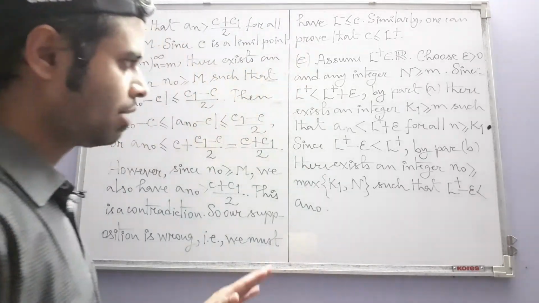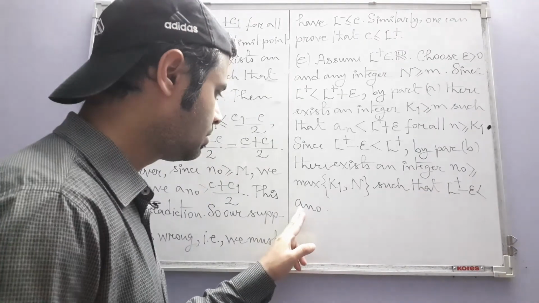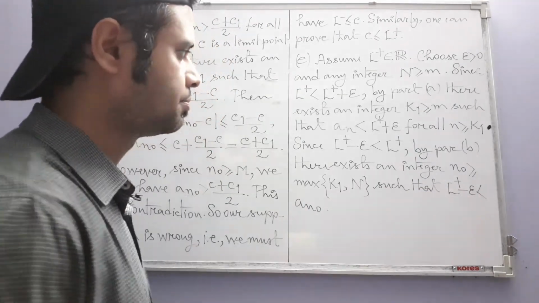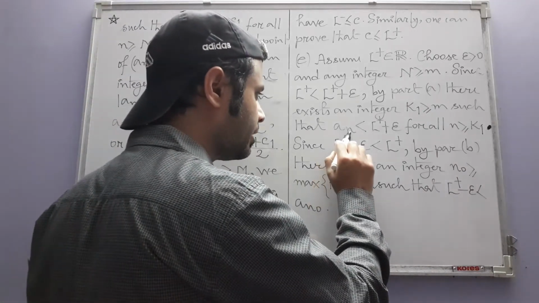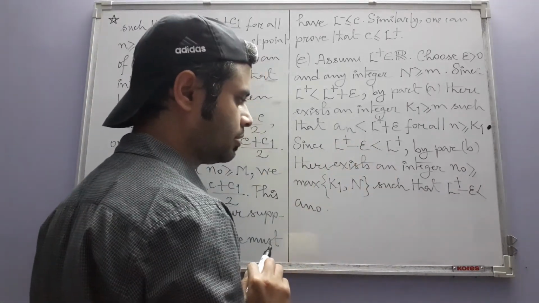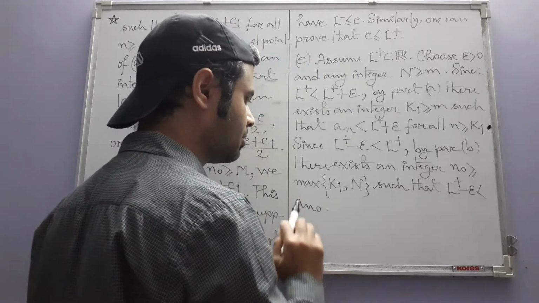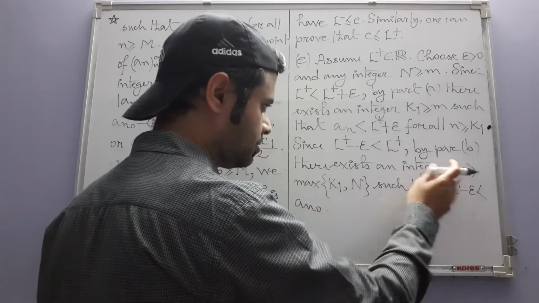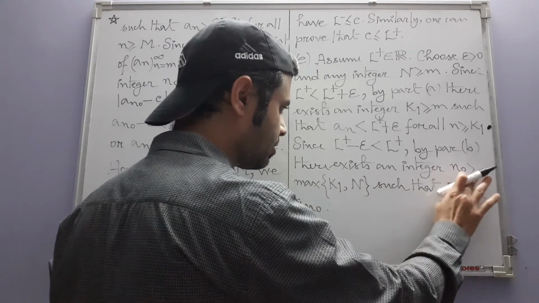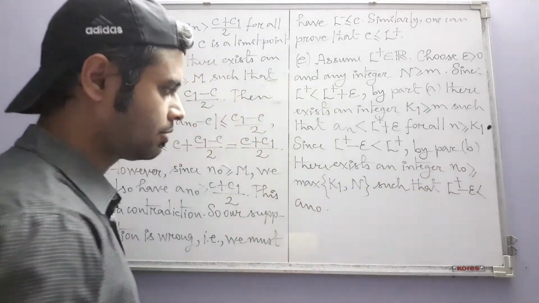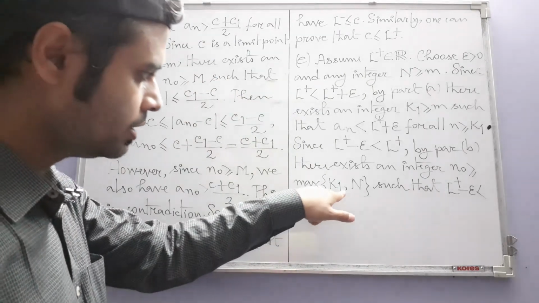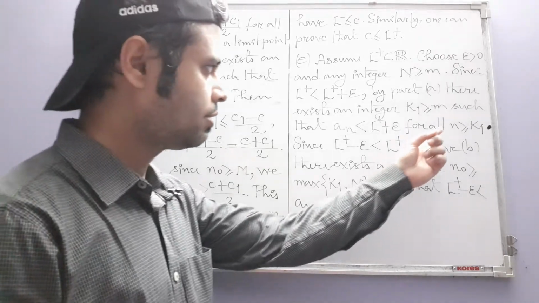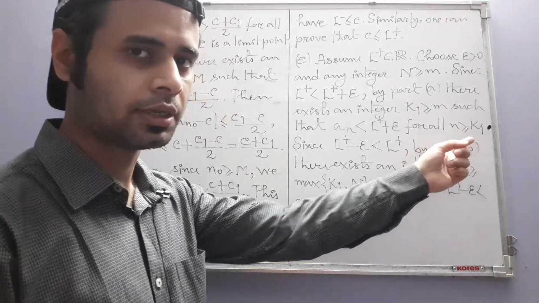Now, what do we have? a_n naught is strictly greater than L plus minus epsilon. Can we take n naught here in this inequality? We can now, because n naught is greater than or equal to the maximum of k1 and n, which in turn is greater than or equal to k1. So n naught is greater than or equal to k1.